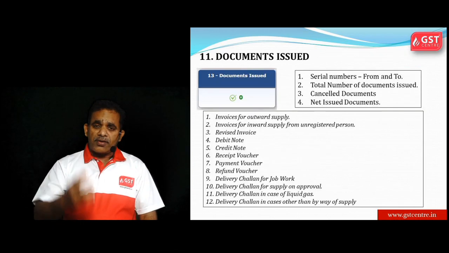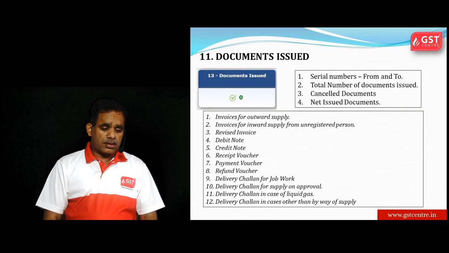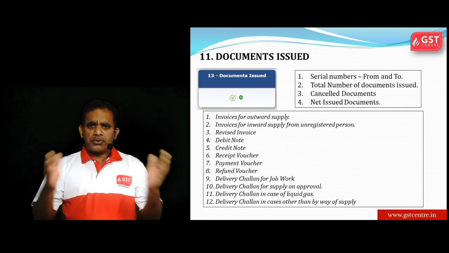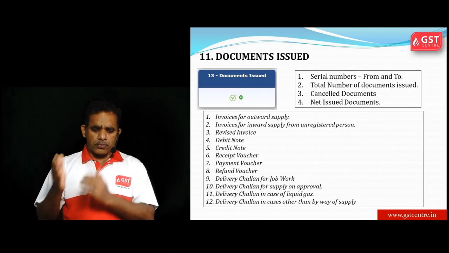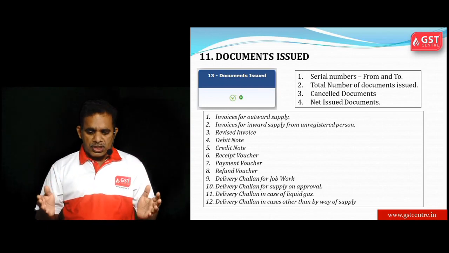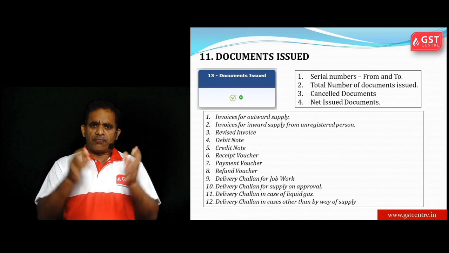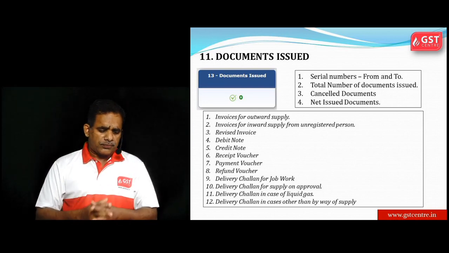Then coming to the 11th section, that is documents issued. You need to give the details of serial numbers from 2, total number of documents issued, cancelled documents, and net issued documents. Okay, so which documents should be reported here?